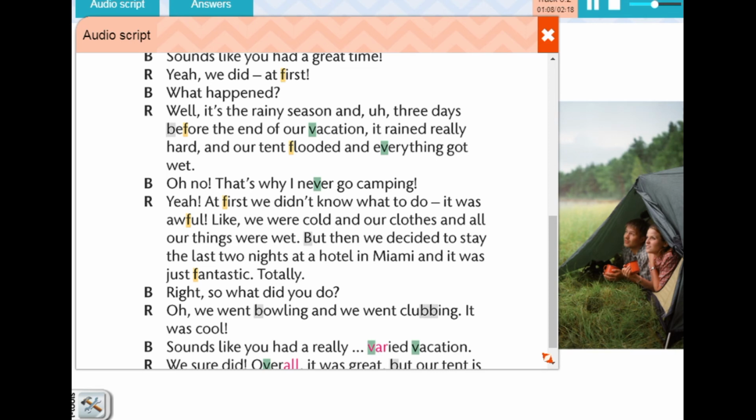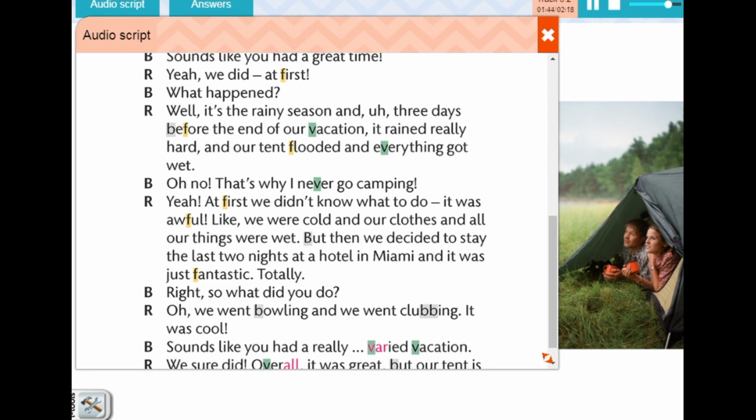Beautiful. Sounds like you had a great time. Yeah, we did. At first. What happened? Well, it's the rainy season, and, 3 days before the end of our vacation, it rained really hard, and our tent flooded and everything got wet. Oh no! That's why I never go camping. Yeah, at first we didn't know what to do. It was awful.